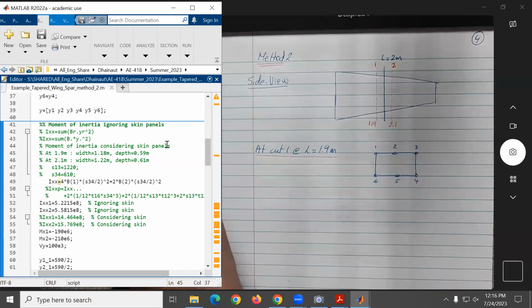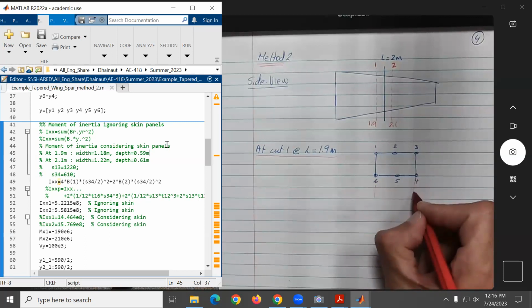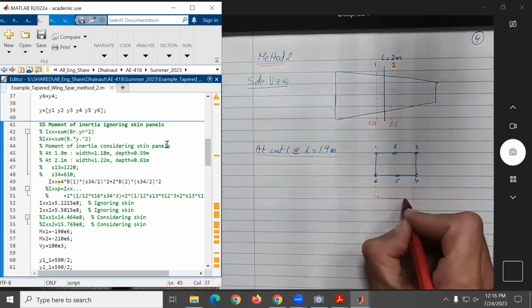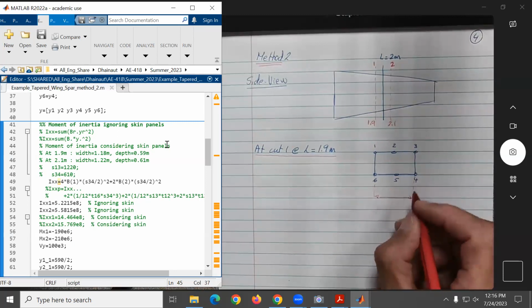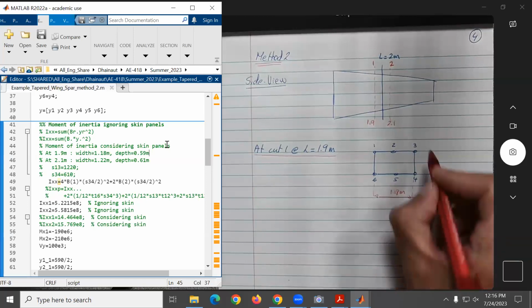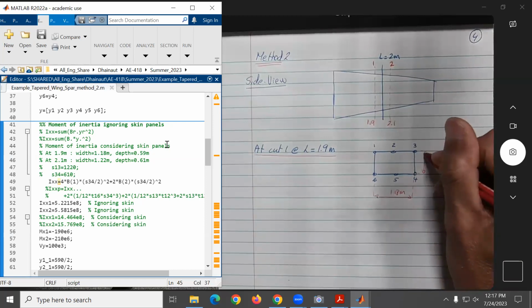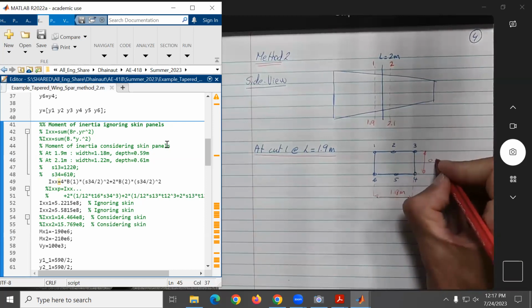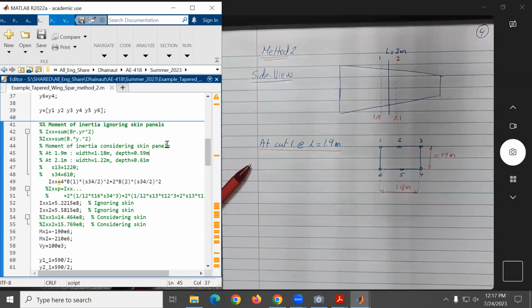But because this is tapered, at this point the width here is 1.18 meters, and the height is 0.59 meters.